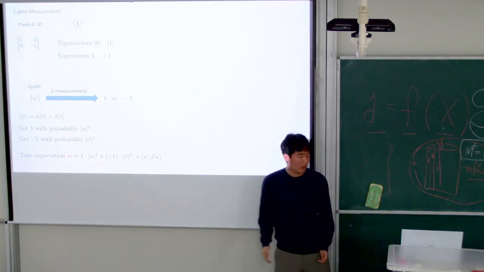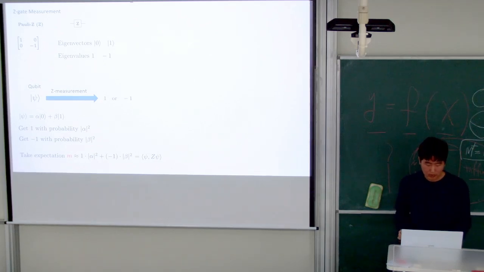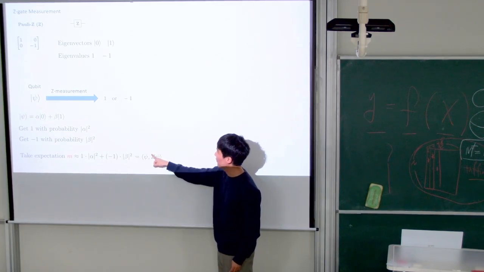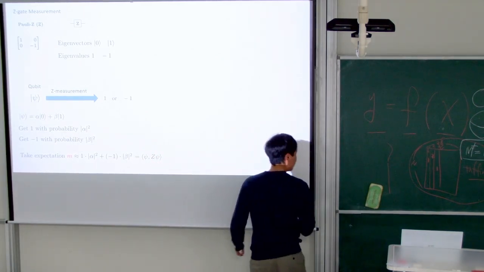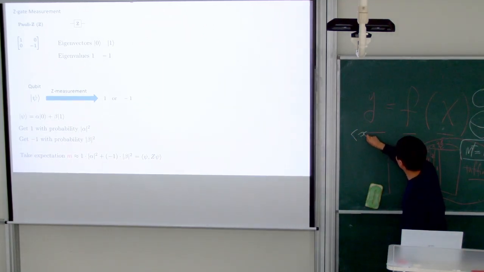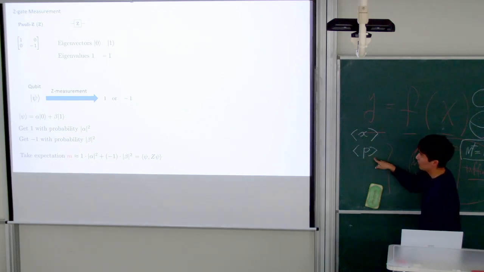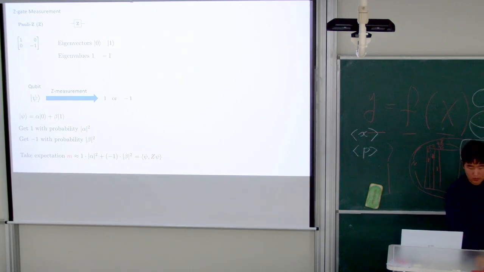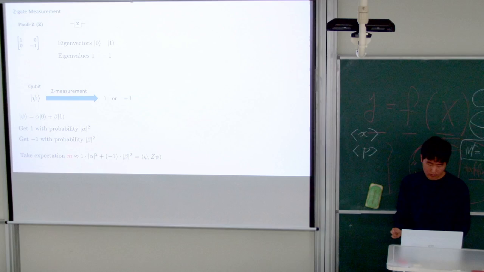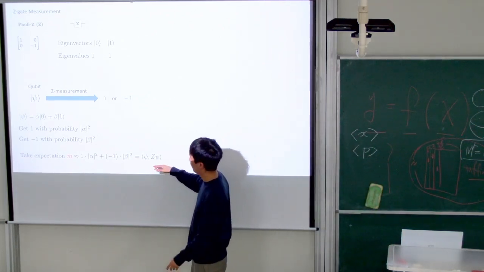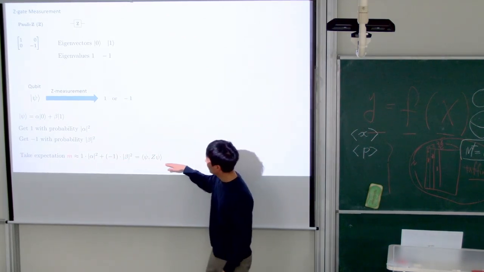If you remember my slides from the beginning, this is the definition of the expectation of this observable. From the beginning, I told you something like the expectation of position or momentum. That one is the expectation of this Pauli matrix. So the more you repeat it, the more you gradually approximate this vector.